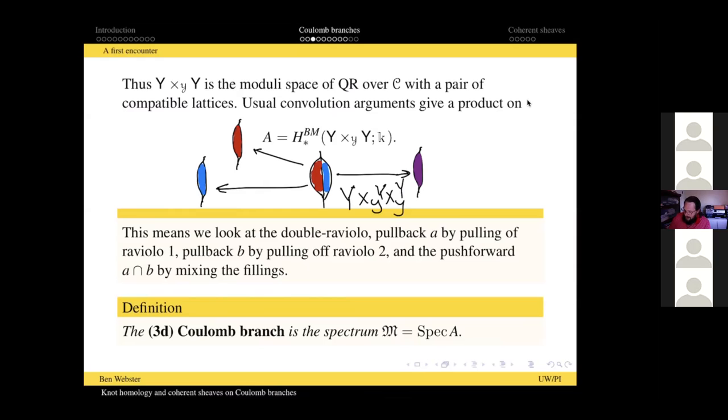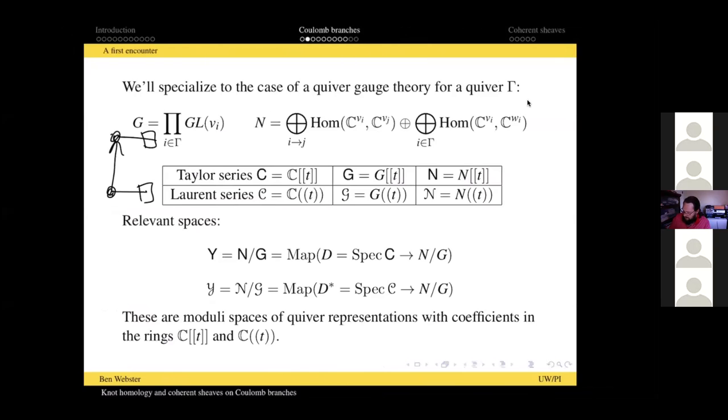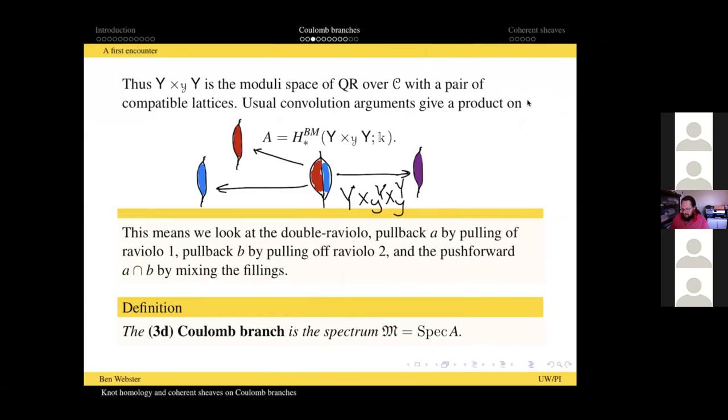So I have a natural map from the Taylor series version to the Laurent series version, which is just: think of a representation with coefficients in Taylor series as a representation with coefficients in Laurent series. And I can take the fiber product of two copies of the Taylor series going down to the Laurent series. So I say this is the standard Springer representation type story.